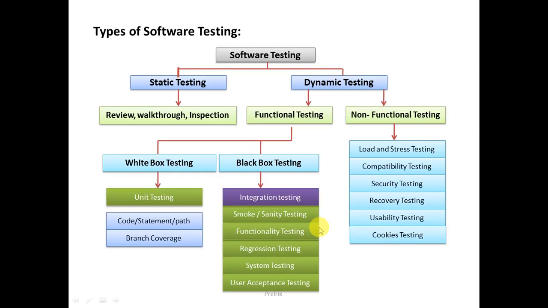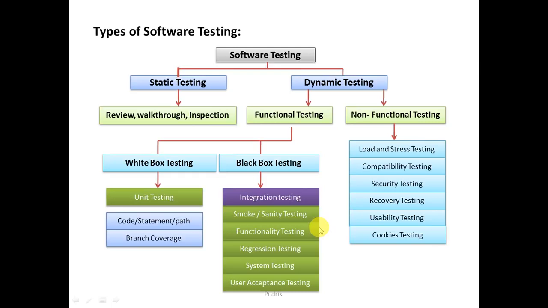Until a user logs in, he won't be able to check the my account page and many other things. In the same way, if a user is not able to make any payment, if there are some payment related issues, in that case the further levels of testing cannot be executed. So this will come under smoke and sanity testing.